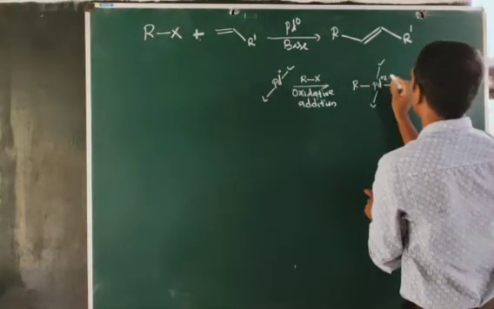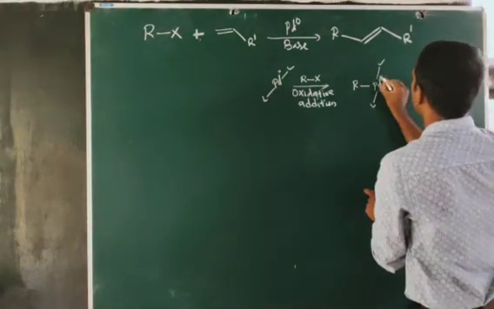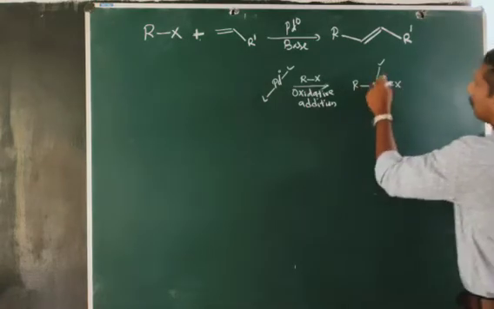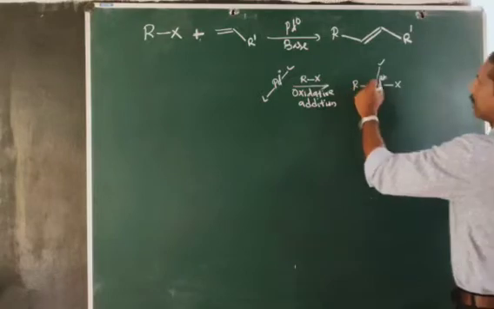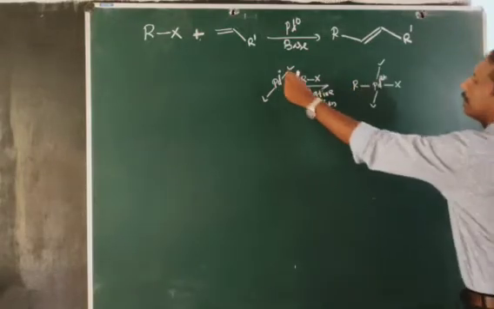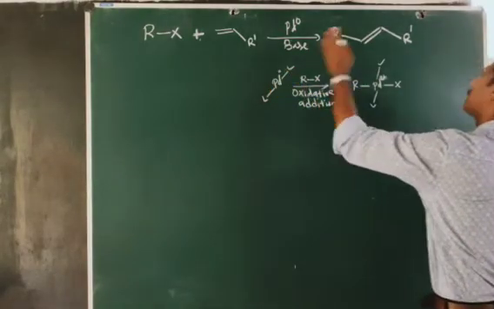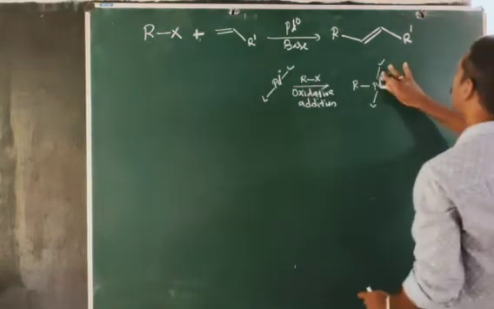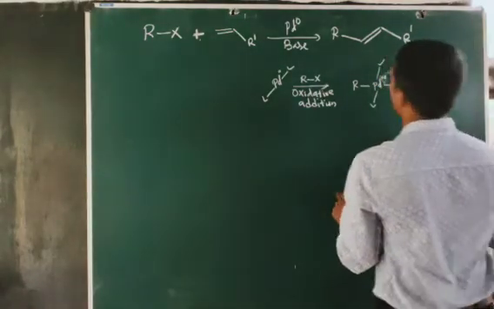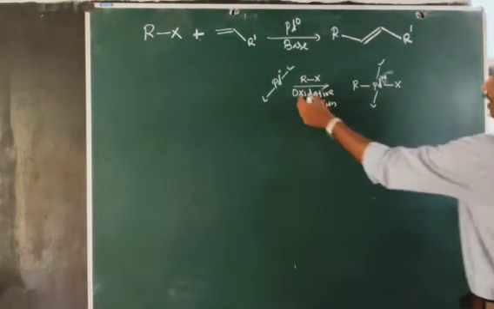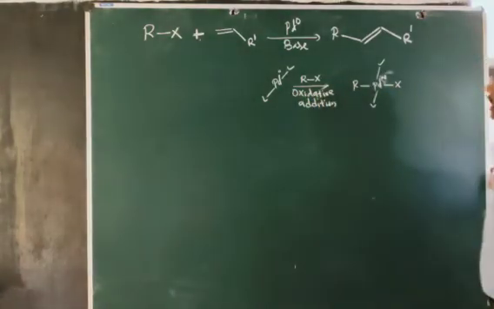Here the Pd is having 4 bonds. This step is known as oxidative addition.